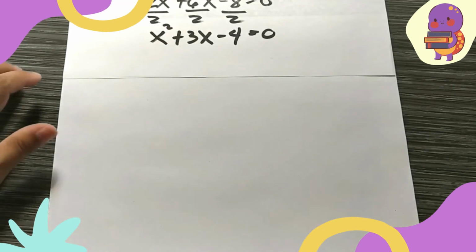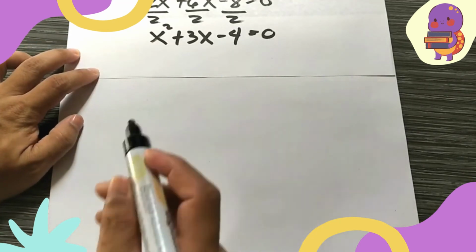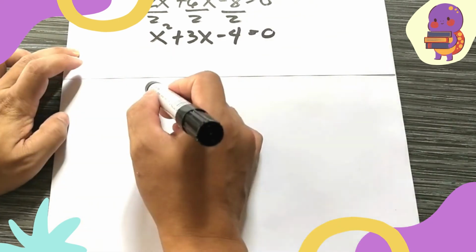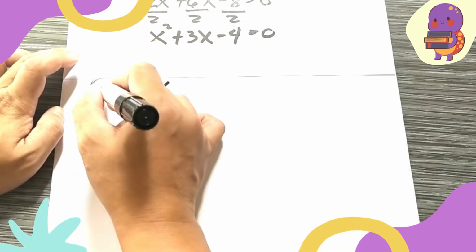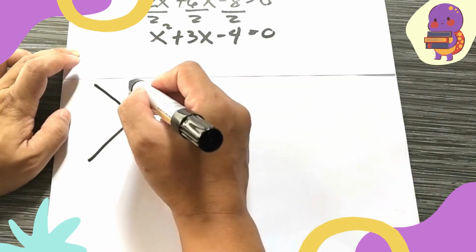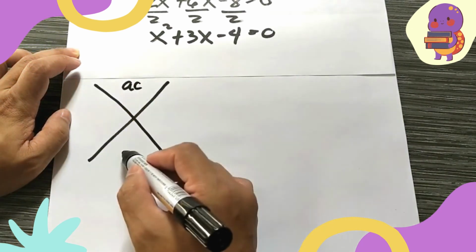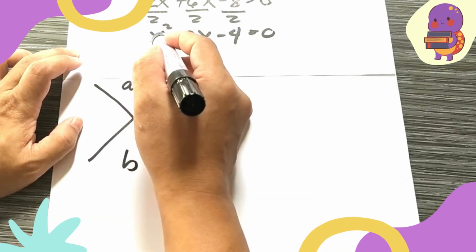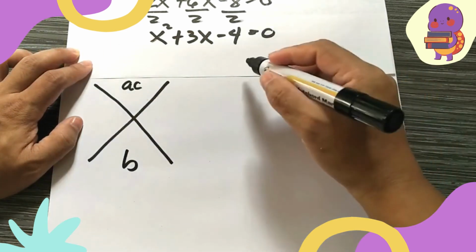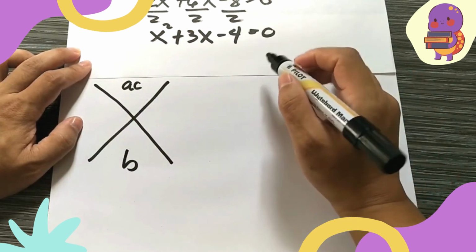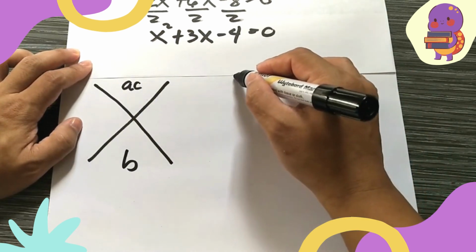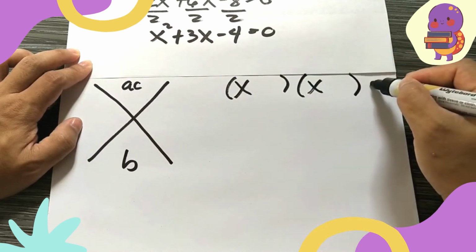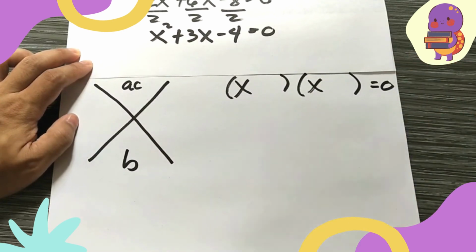And now, we do the factoring. Again, I will show you a technique, the easiest way of factoring. This is your AC and this is your B. Automatically, when your A is 1, we have two factors of x squared, that is x and x, then equals 0.